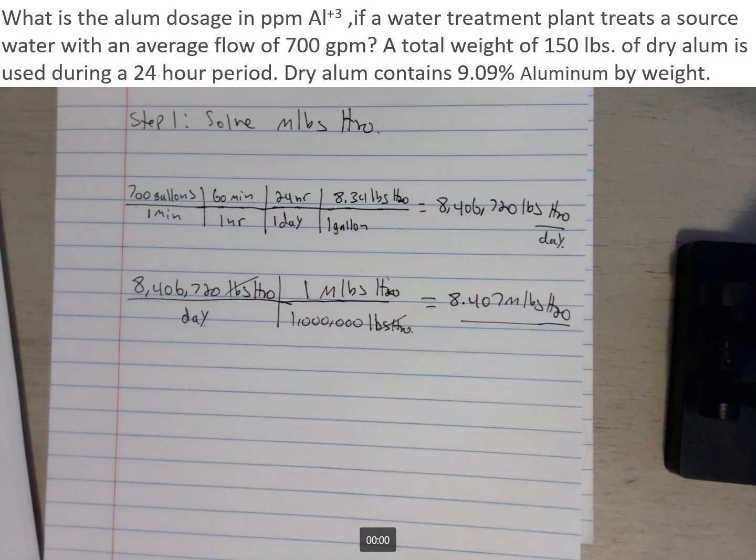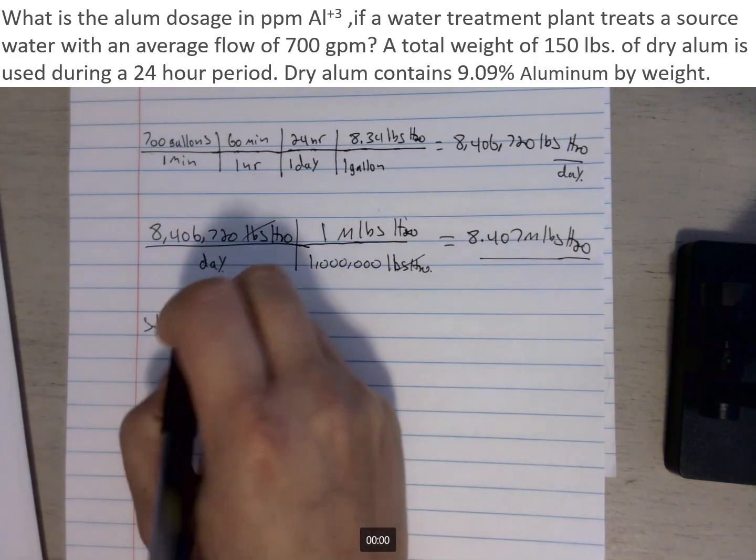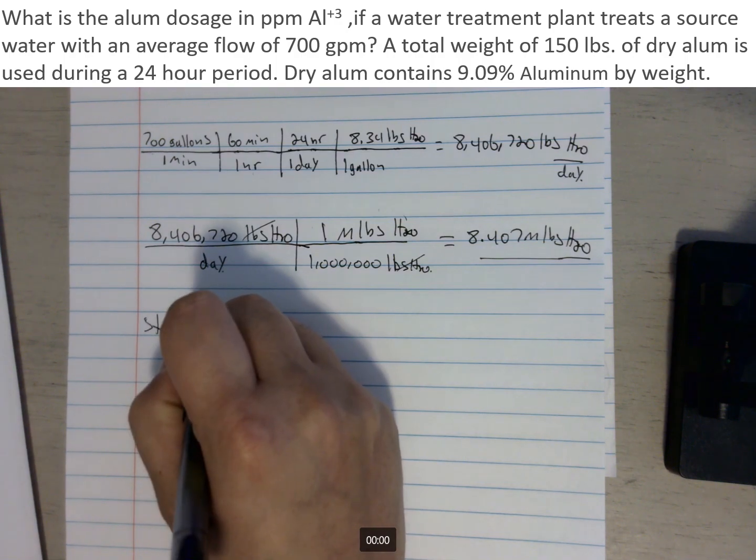The problem statement also gives us how much percent by weight aluminum ion is contained in those 150 pounds, and that is 9.09% pure aluminum ion by weight, which is what we want to find. So then it just becomes a percentage problem, for step number 2.